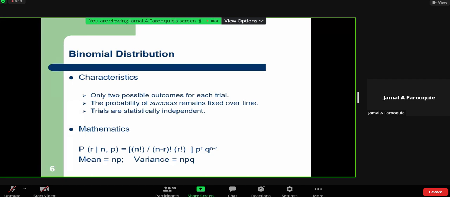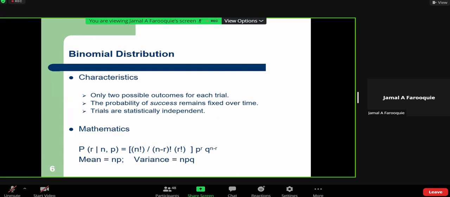Now, trials are statistically independent. As we saw, the second toss is independent of the first toss. Whether it was head or tail in the first toss has nothing to do with the outcome or probability of head or tail in the second trial. So trials are statistically independent.